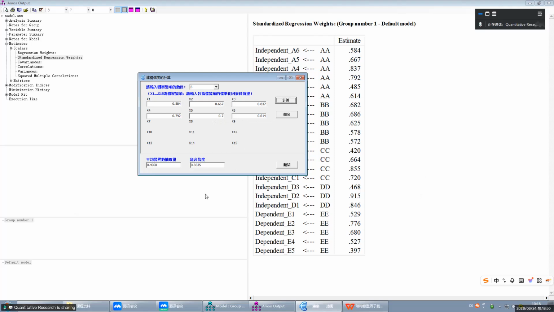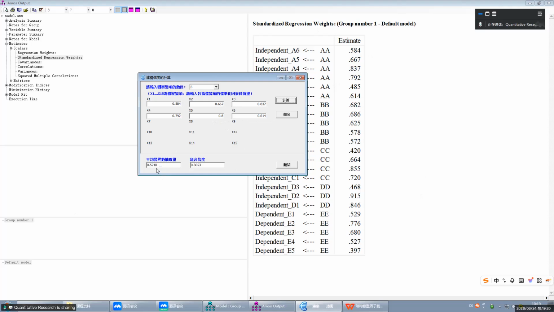You can see it's almost reaching the criteria. Suppose it's 0.8. You see, it's above the criteria. So how can we meet the requirement for CR and AVE?